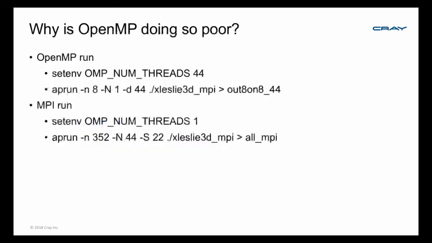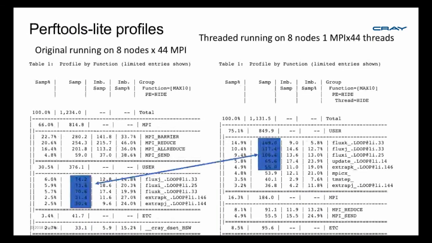Okay, so MPI performs better. Notice the table on the left, flux J, flux I, flux K is running faster than the flux KJI on the right. And so for MPI, look at the user time.